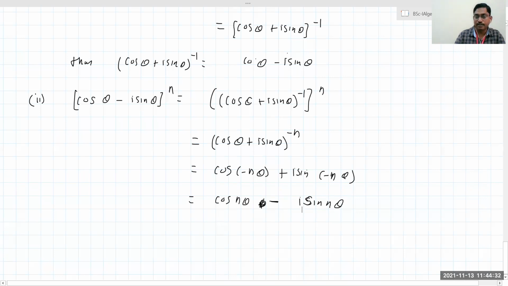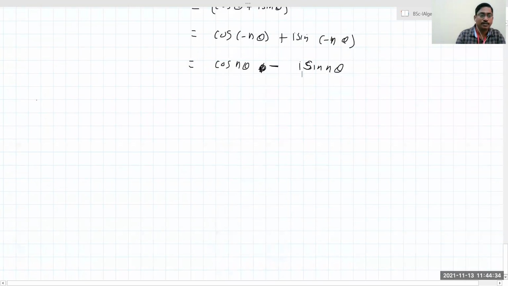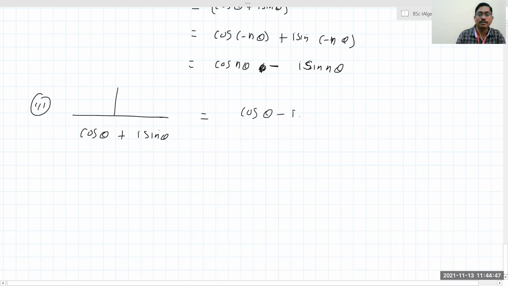And third corollary, you can tell me the output of this. What is the value of 1 upon cos theta plus i sin theta? The value, if we write it above, is minus 1, so the value will be cos of theta minus i sin theta. And if I write minus here, I have to write plus here.